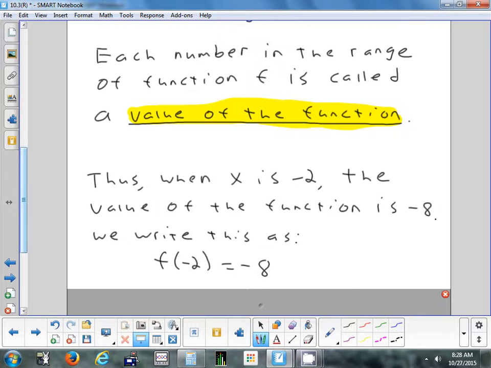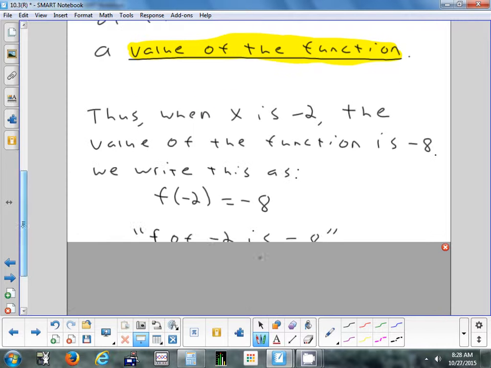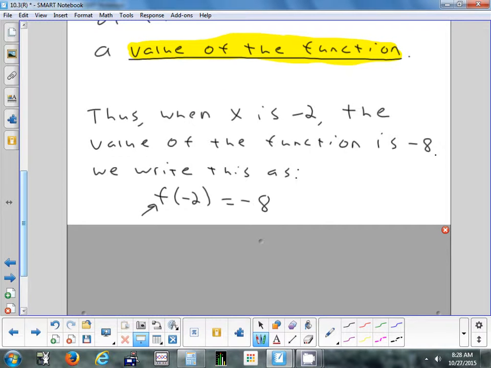Right? This is our notation for how we write that. This letter right here is the name you gave to the function. Right? So maybe we should label that. Okay, this is the name of the function. This is an x value, or a value in the domain.